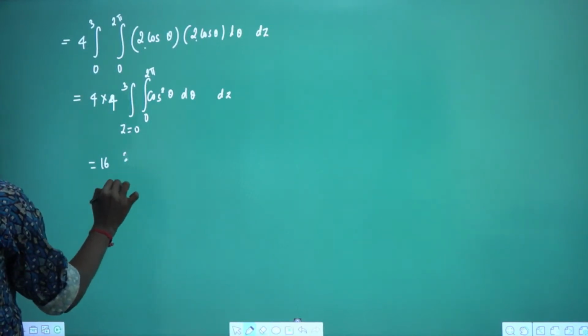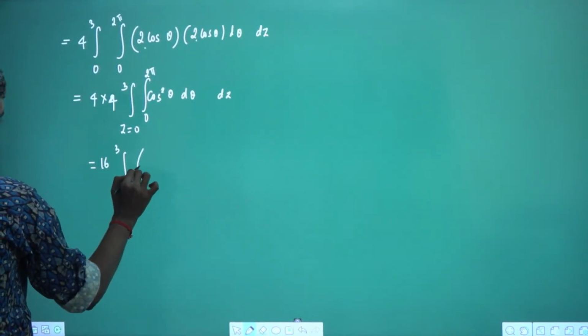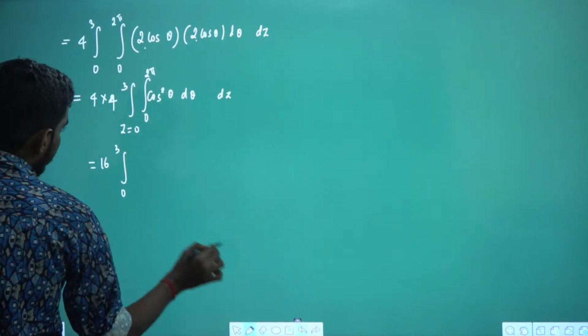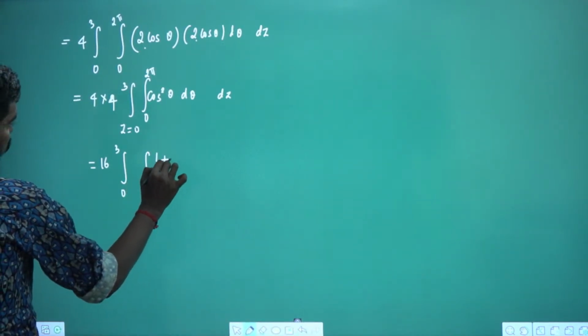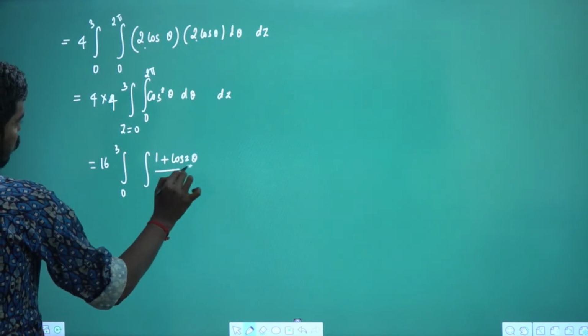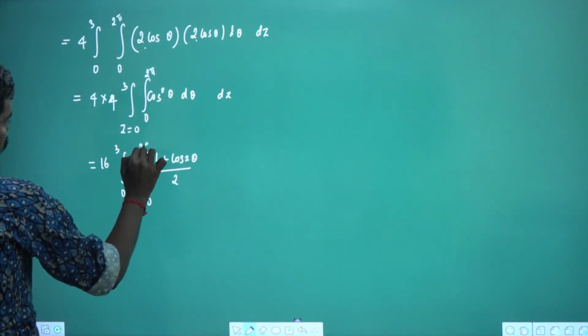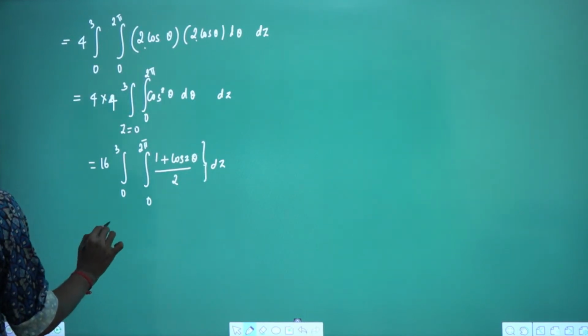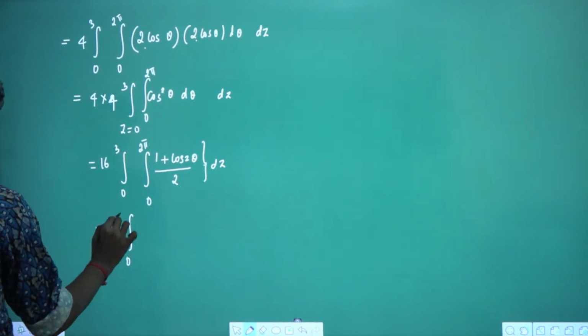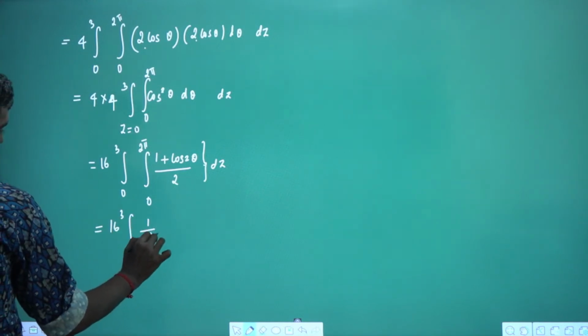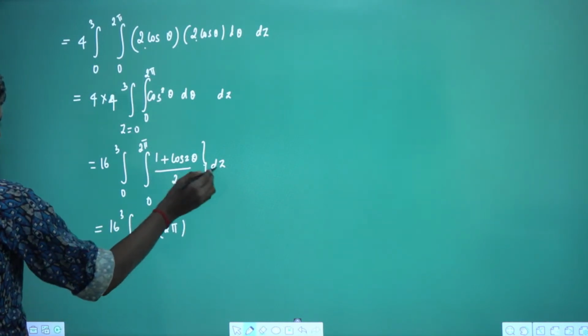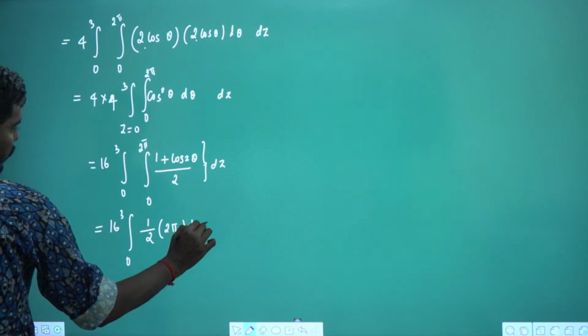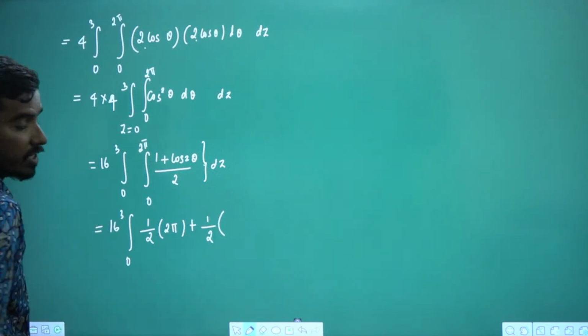This will be 16 times, z varies from 0 to 3. So integration of cos square theta is the same as (1 plus cos 2 theta) by 2, 0 to 2 pi, dz. So 16 times integration of 0 to 3. So 1 by 2 dz is z, upper limit minus lower limit, plus 1 by 2 cos 2 theta.